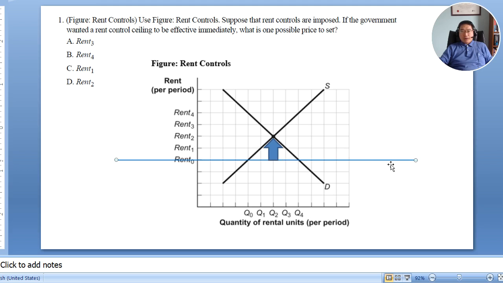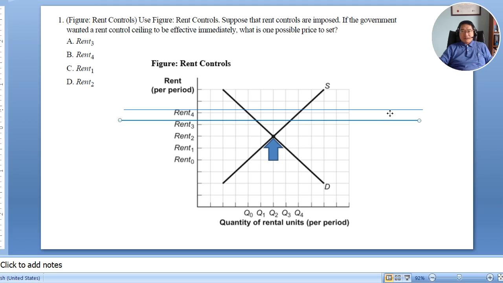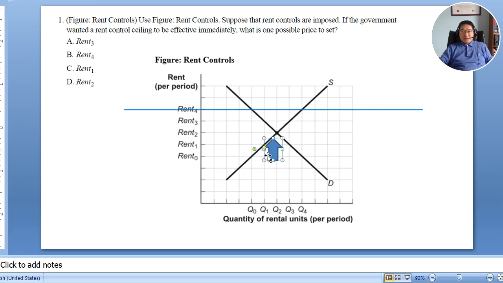For the price floor, it's called floor, but it needs to be above this equilibrium price. Let me turn this upside down. Then the market price will have a tendency to fall. That is an effective price floor.